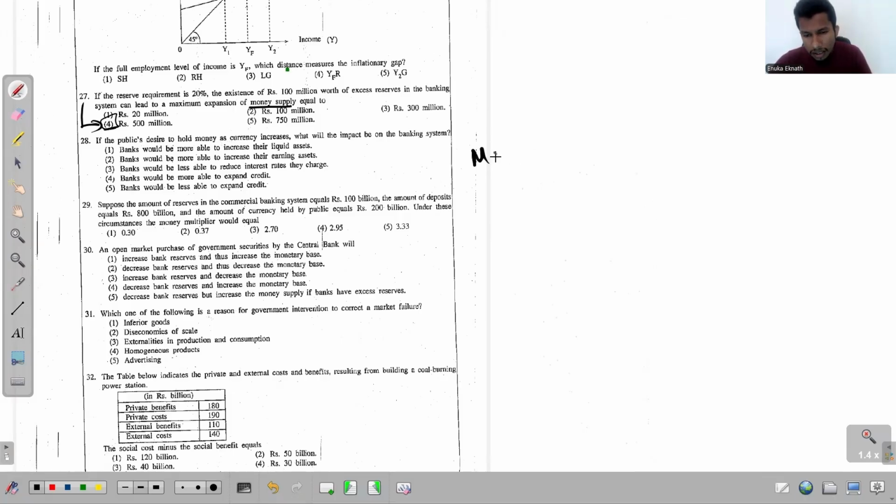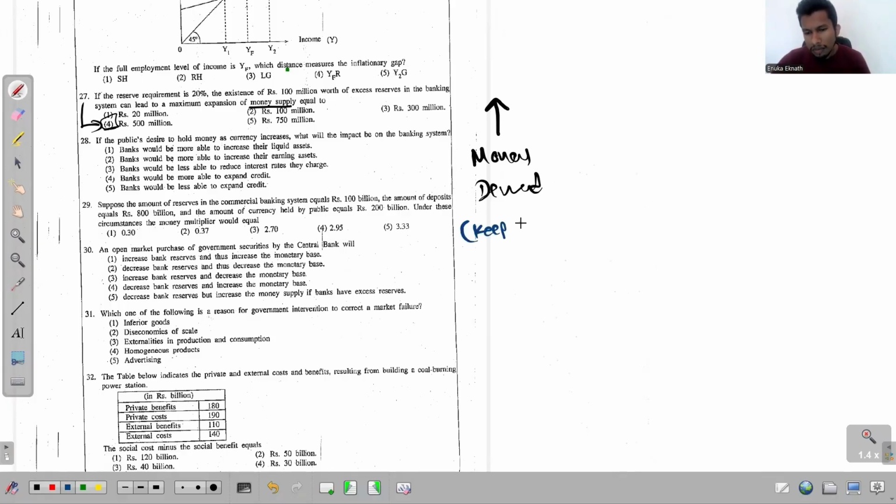So money demand increases, which means people do not put money in bank accounts. They just keep money in the form of notes and coins. So let me write it here.